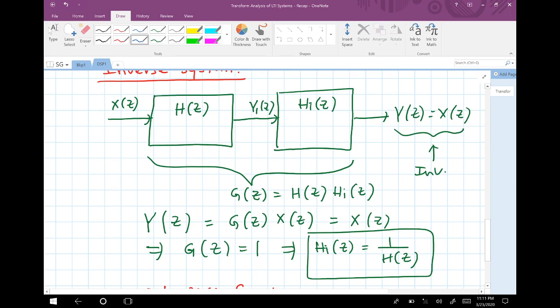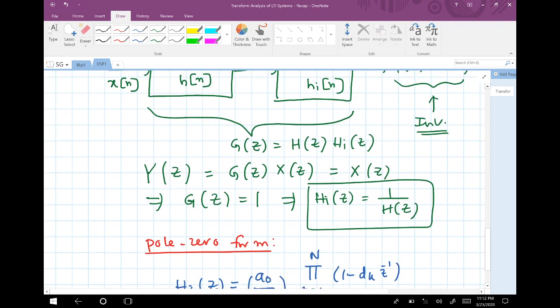Let's call the input in the time domain x of n. Let this LTI system be characterized by h of n, and the inverse system by hi of n. The output would be y of n, equal to x of n, and this is an inverse system.